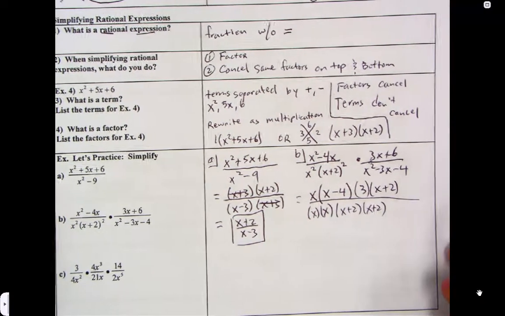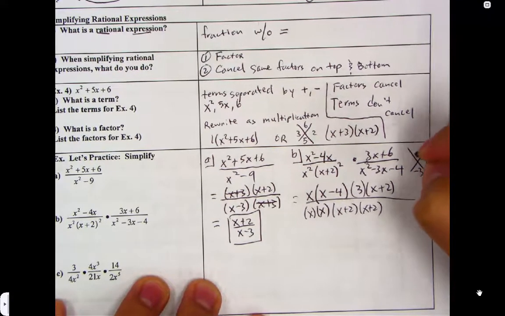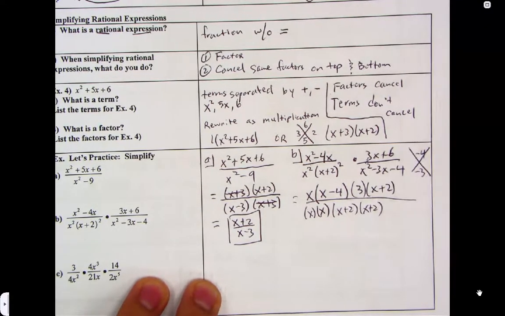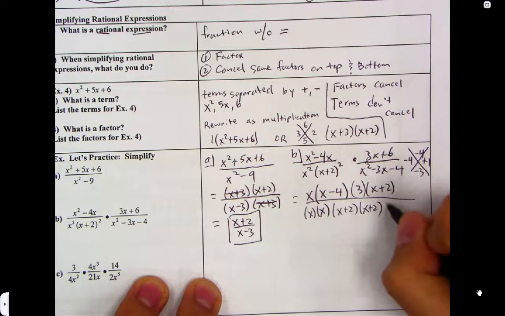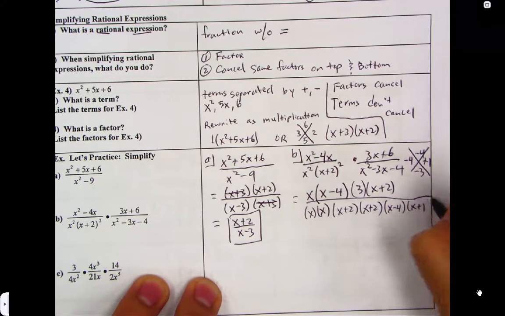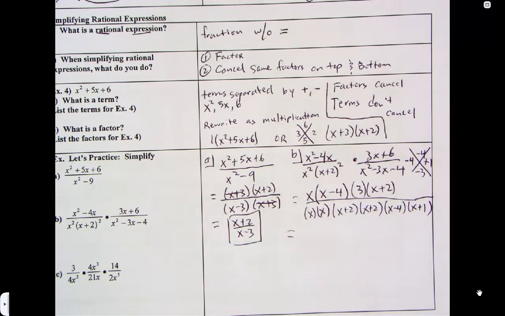And I'm going to factor the bottom using the diamond. What multiplies to negative 4 and gives you negative 3? Negative 4 and positive 1. Okay, now that was the hard part. The easy part is looking for the same factors on top and bottom.